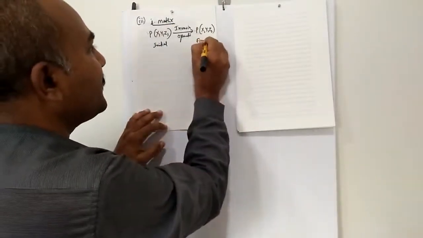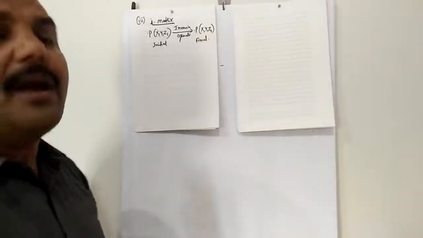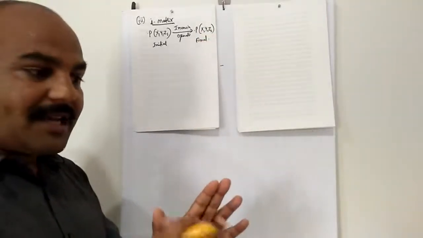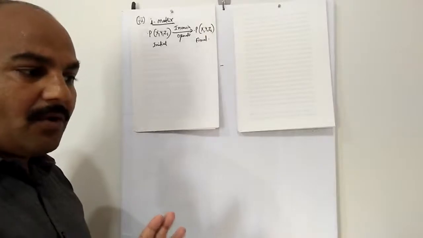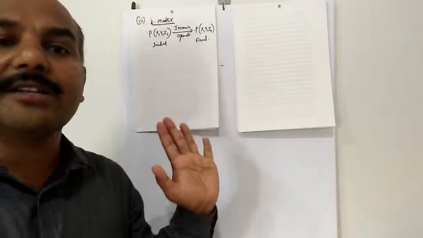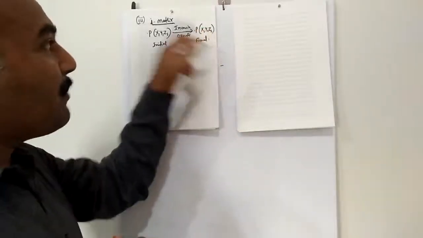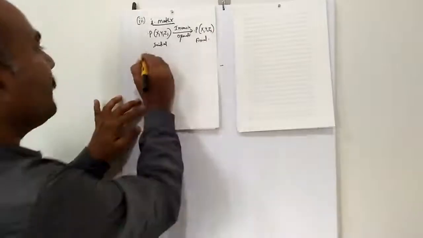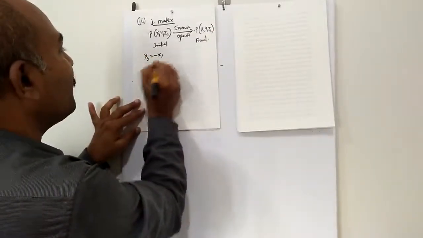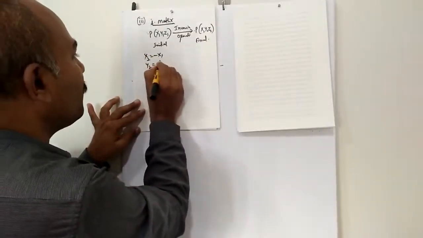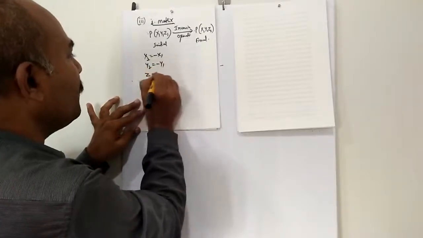This is the final change. As I told, inversion is taken through the center of gravity of the molecule, and there is a change in all directions, x, y and z. So x2 becomes minus x1, y2 becomes minus y1 and z2 becomes minus z1.